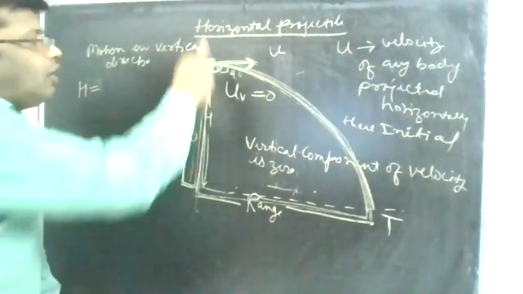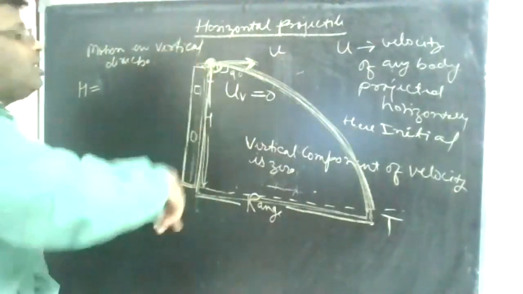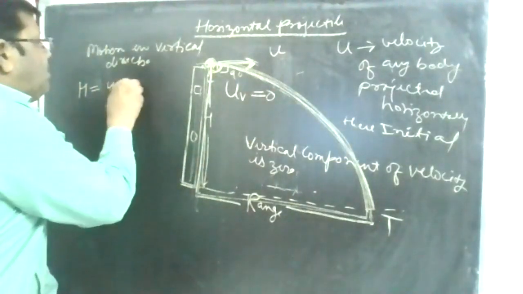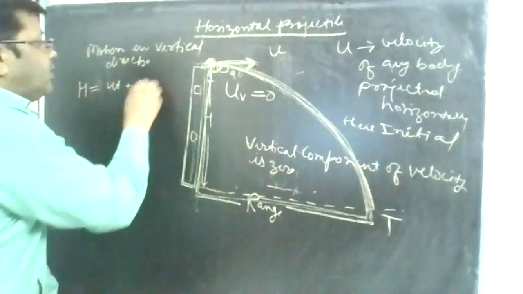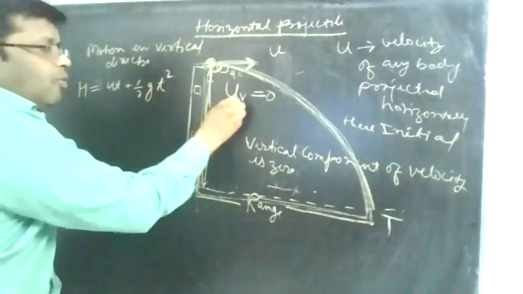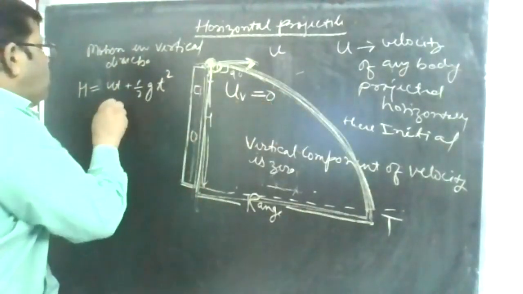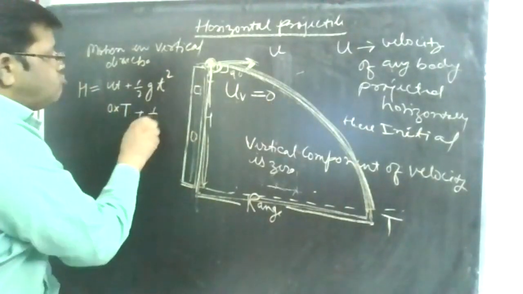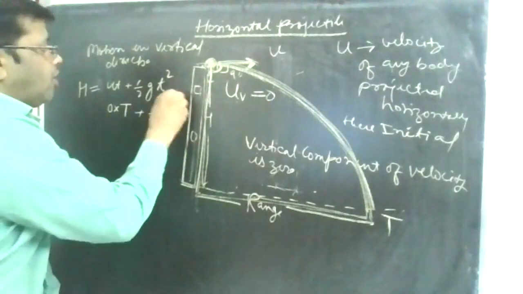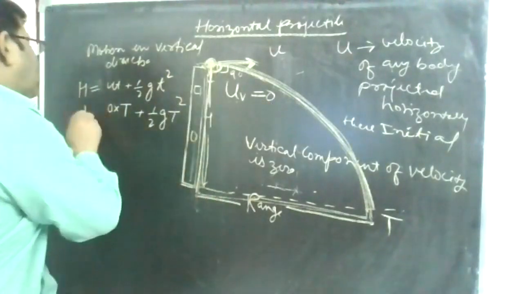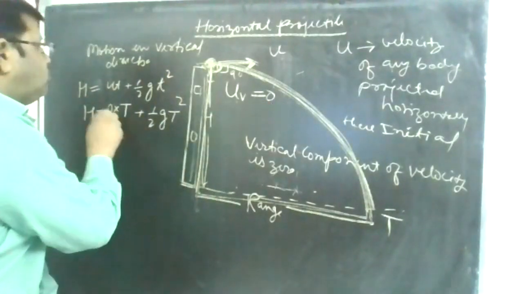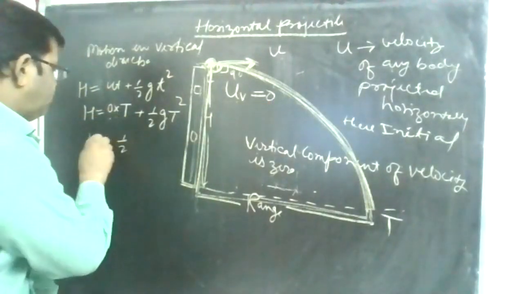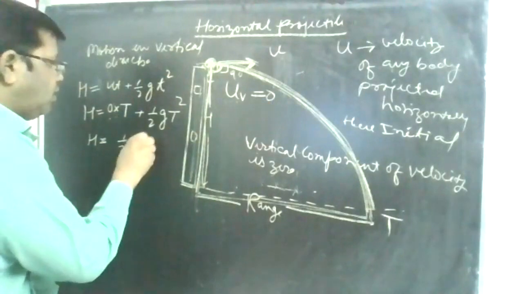For vertical displacement, what is the equation of motion? S is equal to ut plus half g t square. But here, what is the initial vertical component? 0. The vertical displacement is h, so ut becomes 0. h is equal to half g t square.